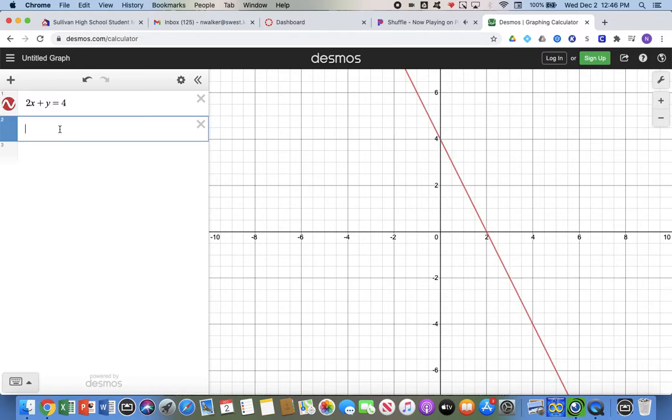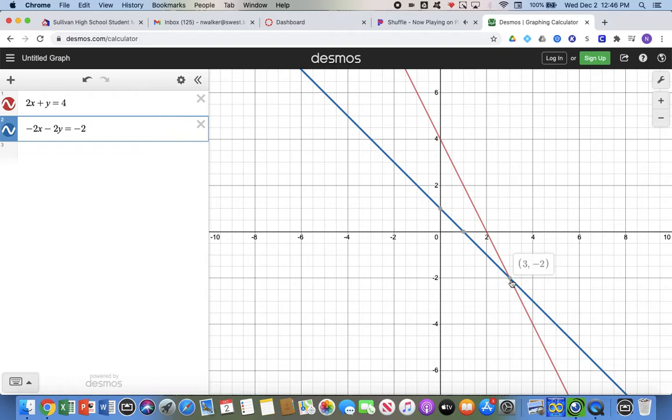So we got that. And then my second one, negative 2x minus 2y equals negative 2. That gives me my second line. And then we look for that point of intersection, which is positive 3, negative 2. It's just a simple way to check your work. You obviously have to have your work to back up your answer. But while you're at home and you have questions on something, you always can use this as a way to check your work.